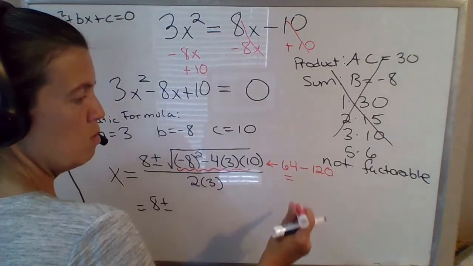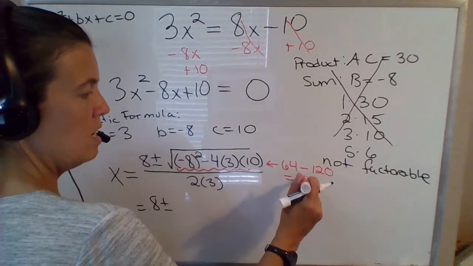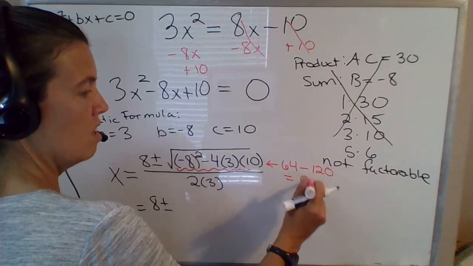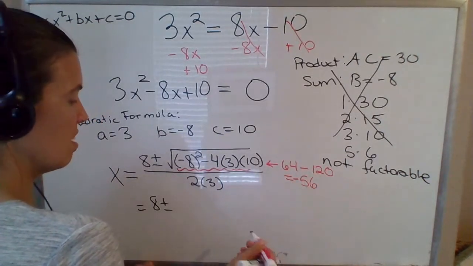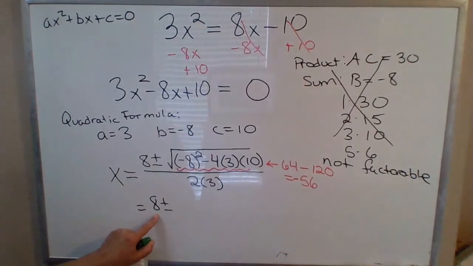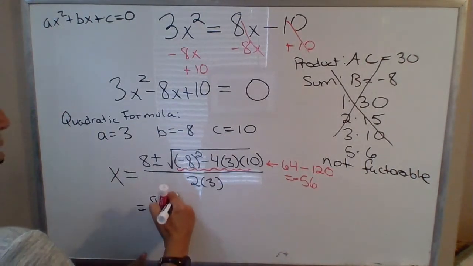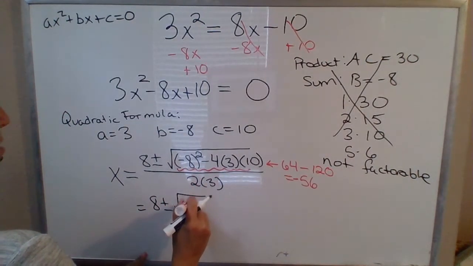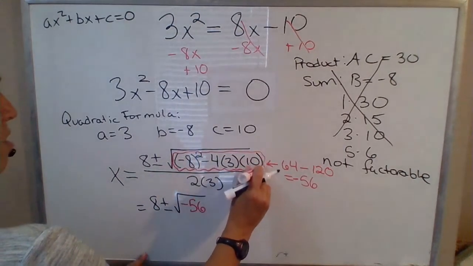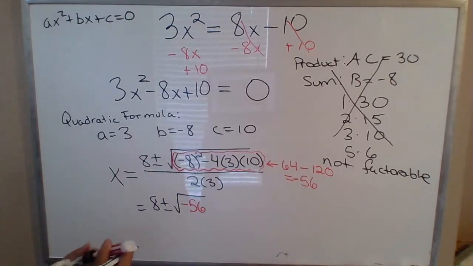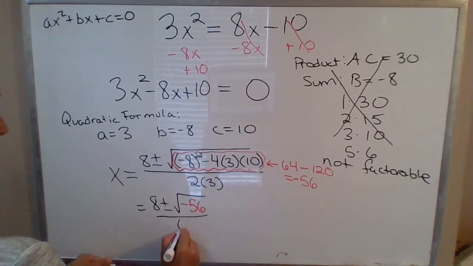Let's see, difference between 64 and 120 is 56, but it's a smaller number minus the bigger number, so this is negative 56. So we have 8 plus or minus the square root of negative 56 when we did the arithmetic for what's under the radical here. All divided by 2 times 3, which is 6.